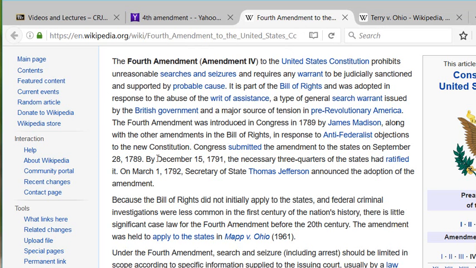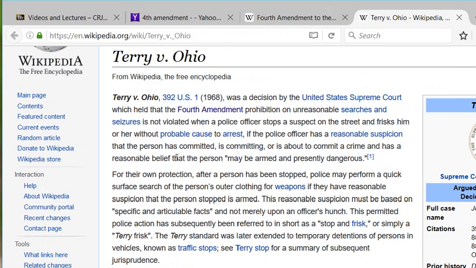And it says that in attachment to this statutory law, case law also provides these additional provisions right here. So this would be the case law. Terry versus Ohio is the case. And it's like the amendment to the amendment. These are the additional case law factors that the Supreme Court case of Terry versus Ohio adds to the Fourth Amendment.